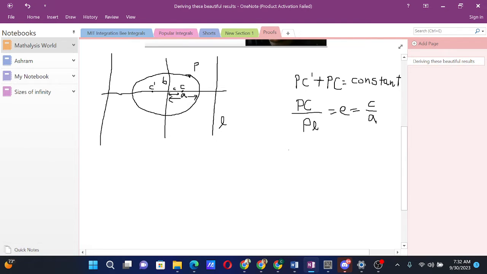For that, we first need to derive that in an ellipse, A square equals B square plus C square, where B is the semi-minor axis, A is the semi-major axis, and C is the length from center to focus. To derive this, we can just join these points, and let this be P dash.